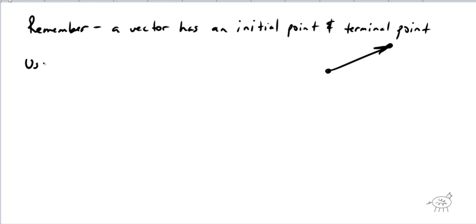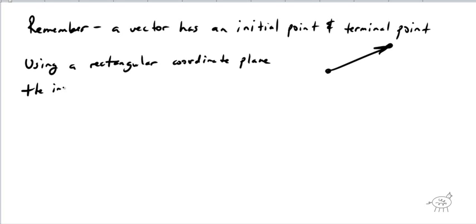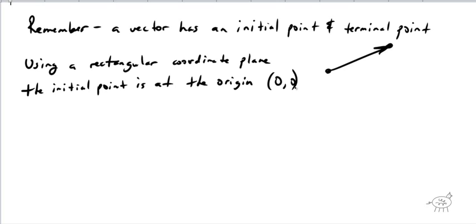So using a rectangular coordinate plane, so it's just like having an XY axis, the initial point is at the origin, which is basically 0, 0.